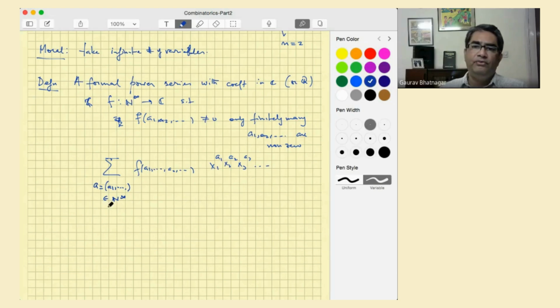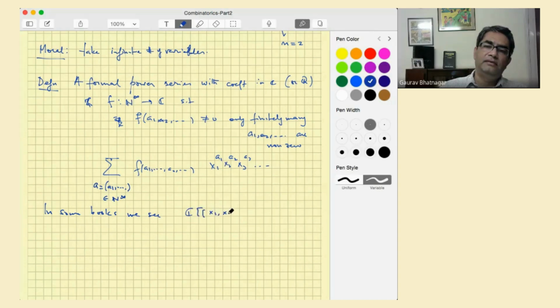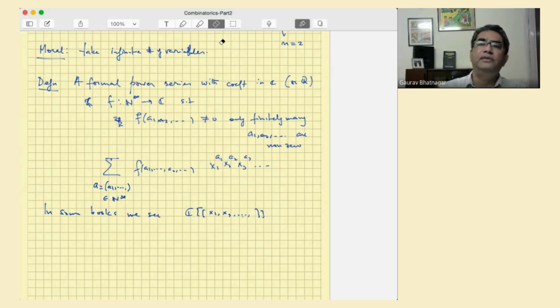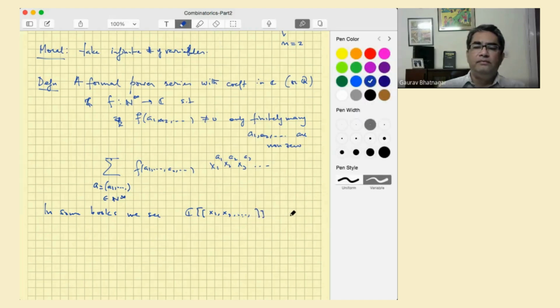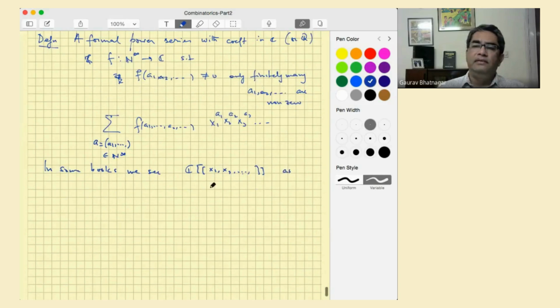And the formal power series are denoted, in some books, we see this kind of notation, or even infinite formal series, as a notation for formal power series.